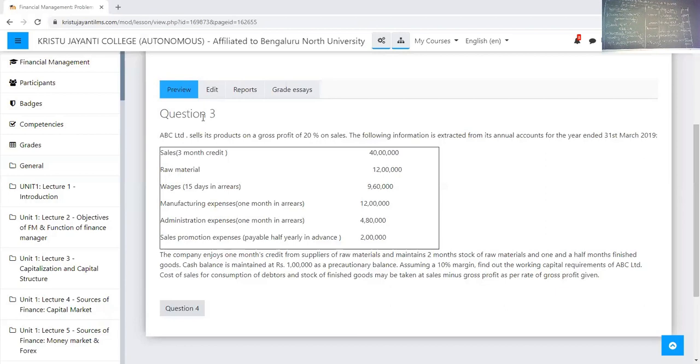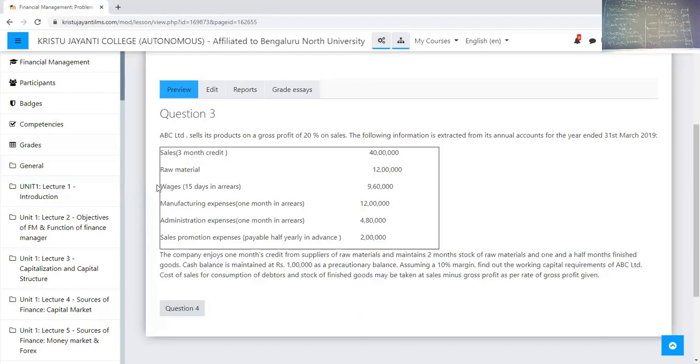Okay. So look into question number 3. They have told ABC Limited sells its products on a gross profit of 20% on sales. The following information is extracted from its annual accounts for the year ended 31st March 2019. They have given sales on 3 months credit, 40 lakhs. So what is that? Sales in terms of credit, sundry debtors. Secondly, raw materials is nothing but an asset, stock of raw material.